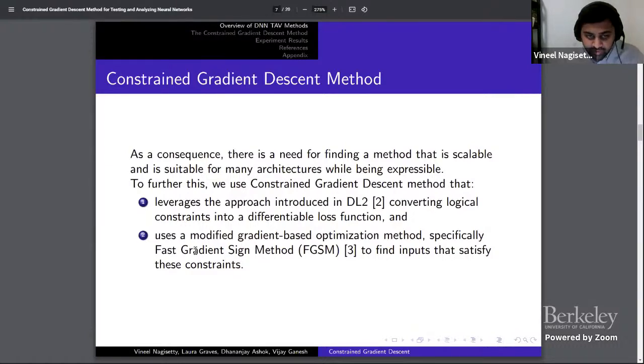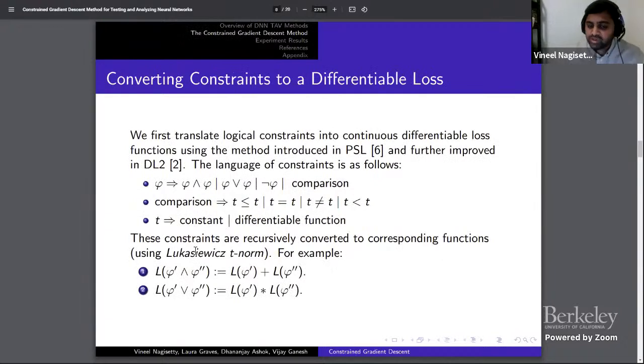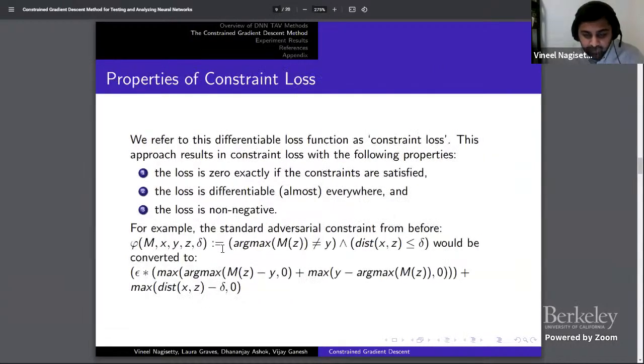So the first two slides I'm going to gloss over very quickly because Mark and Vivek went over the use of Lukashevitz T-norm and how that helps convert these constraints into differentiable loss. I just wanted to stress that because the output of these constraints is a differentiable loss, we can apply our gradient-based methods.